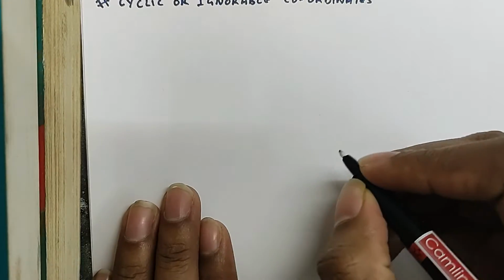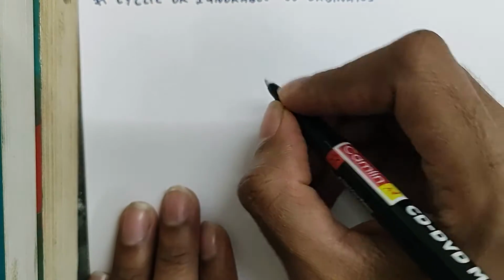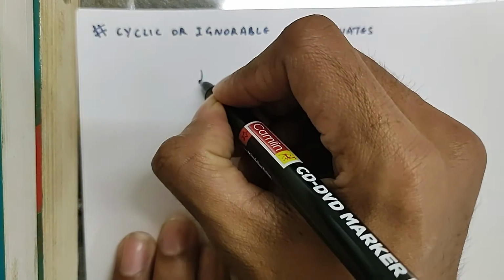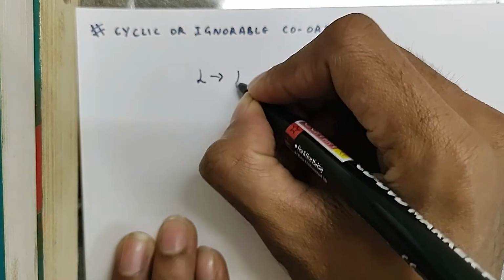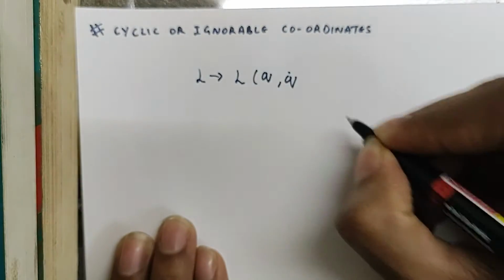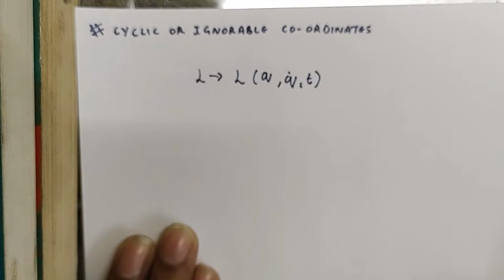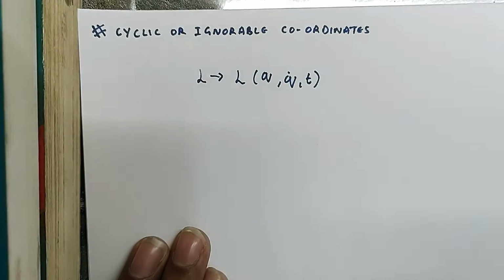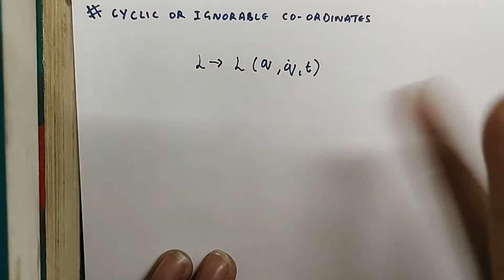So now we are going to describe this. Recall that the Lagrangian is normally written as a function of generalized coordinates, generalized velocities, and time. If time is important, it remains there.